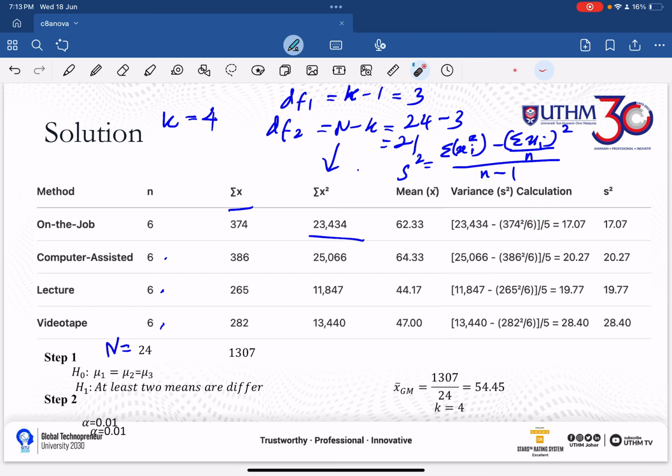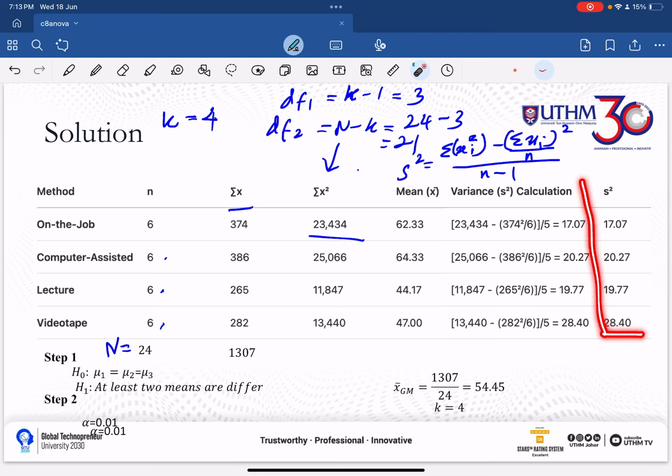Okay, same until group 4. The square is this value minus the x. Then we need to square the value, divide by n. N is 6. And then calculate the above numerator. Then divide by n minus 1.